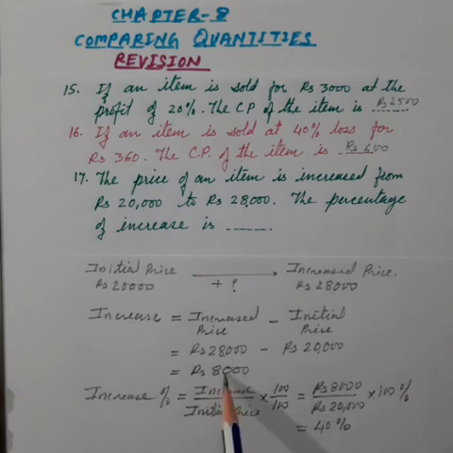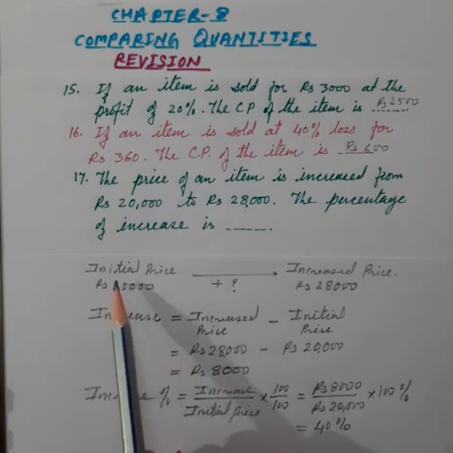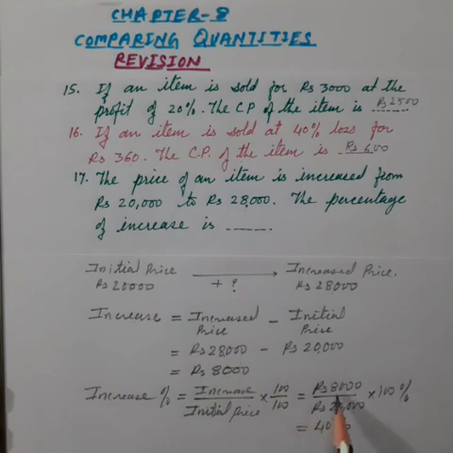And this increase is on original value. Increase percent is always calculated on the original one or initial price. So this increase 8,000 is on rupees 20,000. And we have to find out on 100. So multiply this by 100 by 100 and for this 100 in the denominator, write percent sign and calculate this.